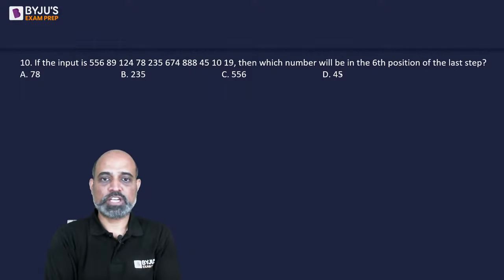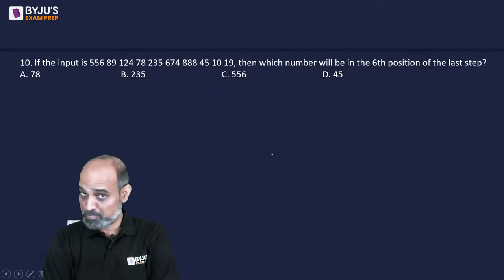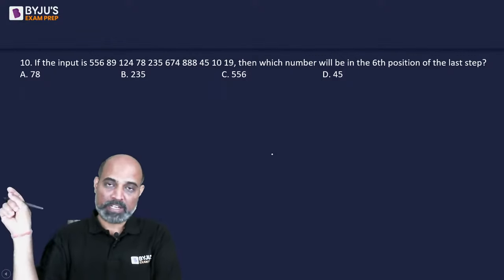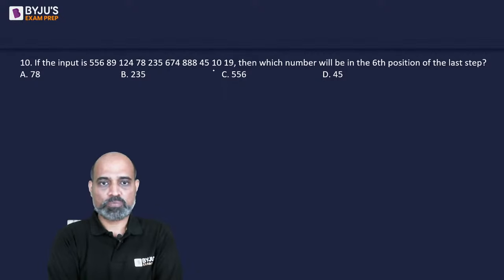Next one, if the input is this, then which number will be in the 6th position of the last step? Pretty simple, right? Write down the last step, and we have to see its 6th number. So the smallest number we have here is 10 and the largest number we have is 888.